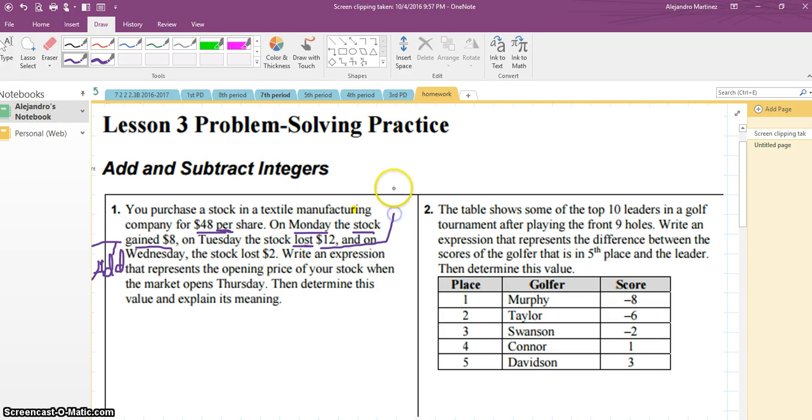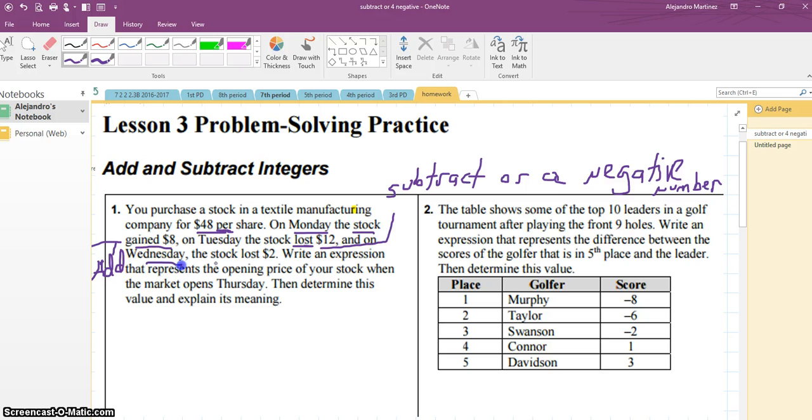Loss means subtract or a negative number. Okay. No mistake. Or negative number.